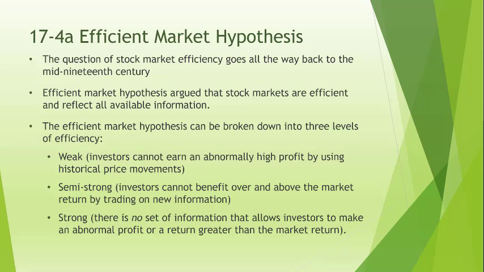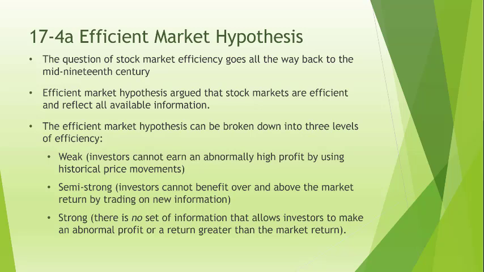In other words, if the information's out there, then the stock will respond to that in a rational way. So the efficient markets hypothesis is really a hypothesis about rationality as well.